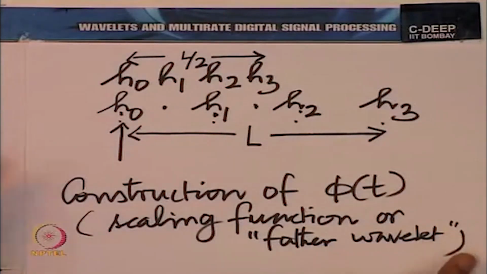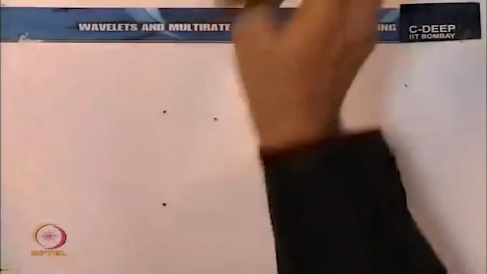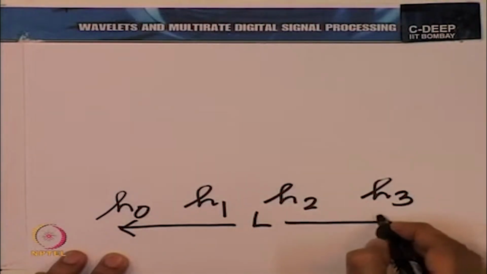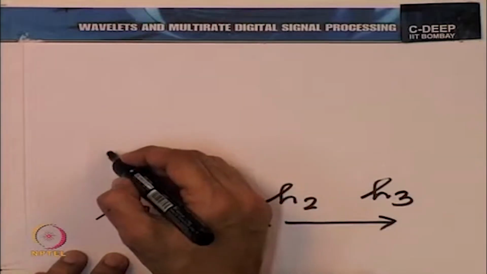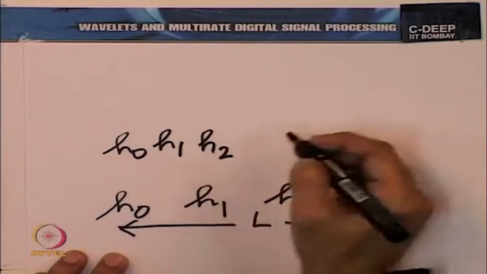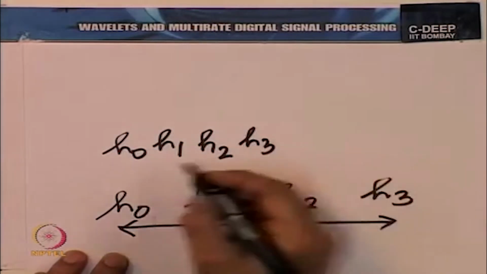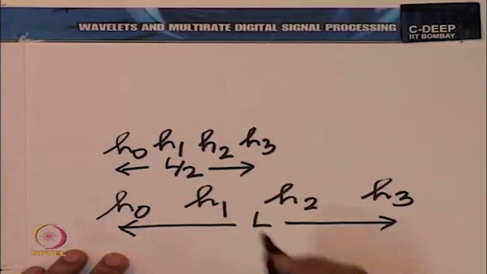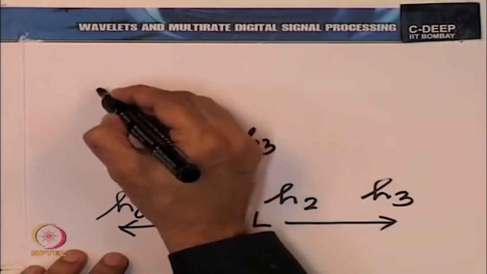So, let me draw the situation carefully. Let me draw it for 2 or 3 steps. So, what I am saying is, it is a convolution something like this. You start with a train of impulses which is spread over a length of L. The next time the same train is squeezed by a factor of 2. So, it spreads over an interval of L by 2. The next time it is squeezed again by a factor of 2.